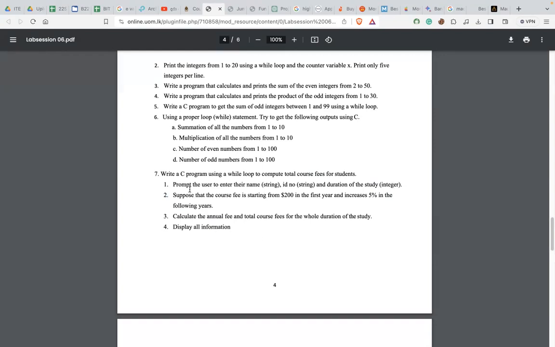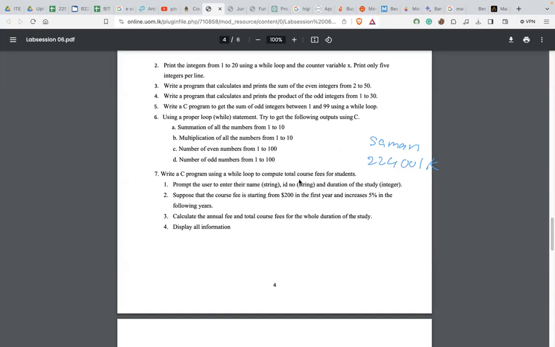For example, let's say the name is Saman. You need to enter the name Saman and the ID number, let's say 224001K. Whatever the index number or registration number, it can be a registration number, it can be a NIC, whatever.